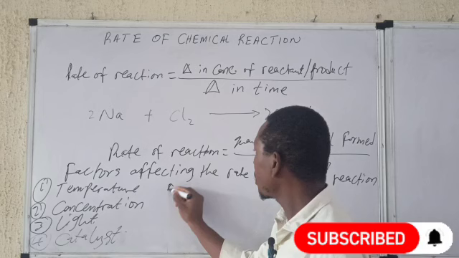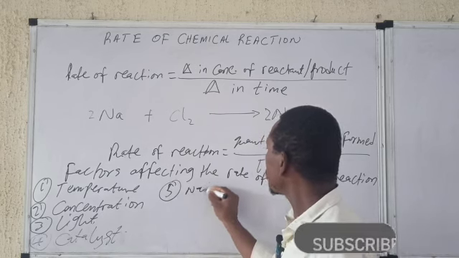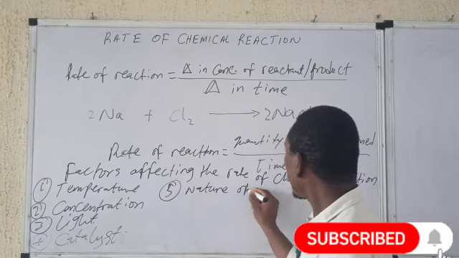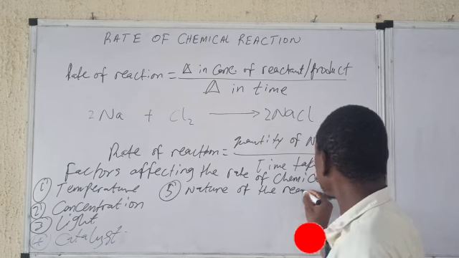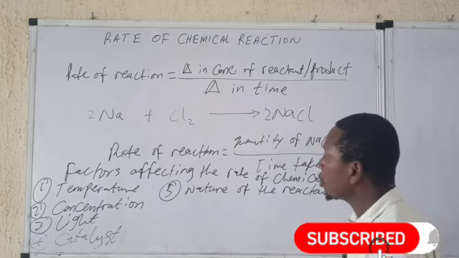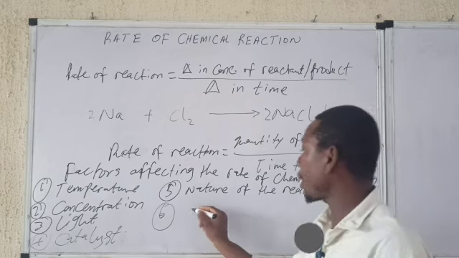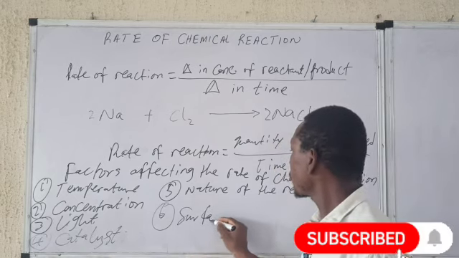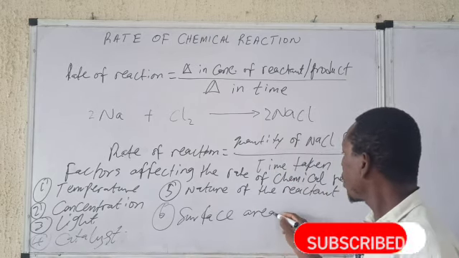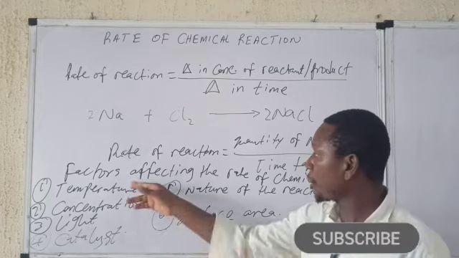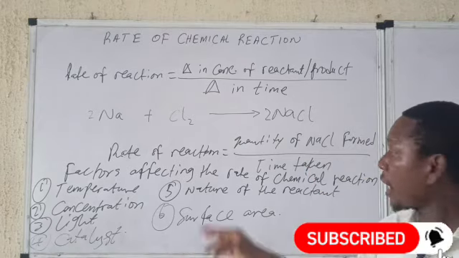Number 5 is actually nature of the reactant. Number 6, we can add the surface area. All right, so let's just quickly take a look at them one after the other.